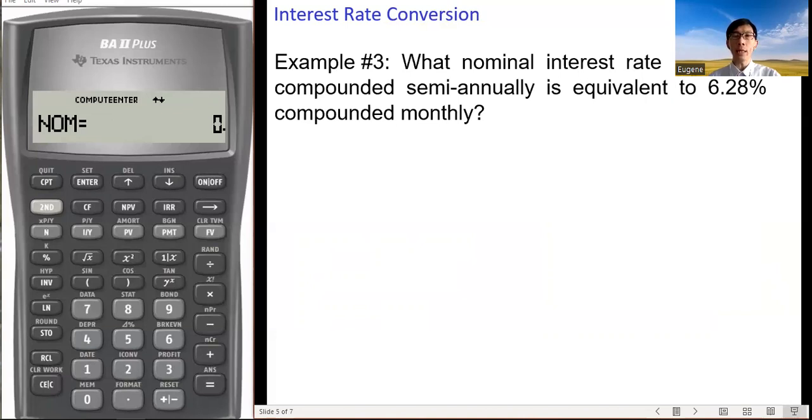So we need an additional step as compared with converting between nominal rate and effective rate. We will convert the given nominal interest rate, 6.28% compounded monthly, to an effective rate first, and then convert to the nominal interest rate that is compounded semi-annually.